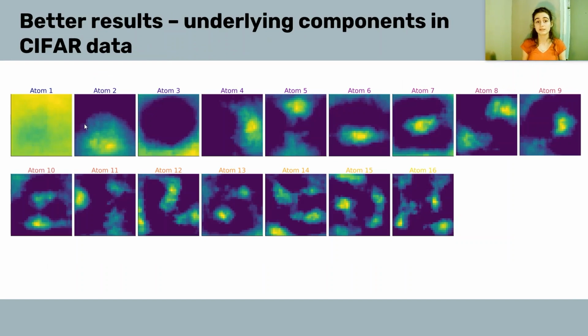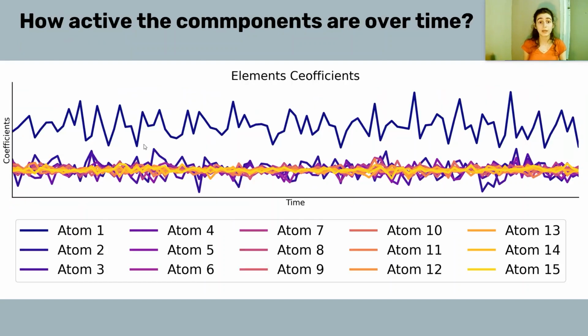So here is our result that was trained for a much longer period, and you see that we first identify one atom that is kind of a background atom, and in addition, we see very localized components with some specific directions. You can see that they are very unique components, and then we can also explore how active they are over time, over the frames.